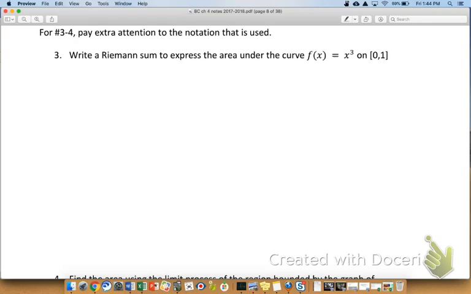So I am going to just do a rough graph here. I think we all know what a cubic looks like. I'm just going to draw myself a little graph here so that I can kind of illustrate with it. So here goes, y-axis and x-axis. And I'm only concerned about the interval from 0 to 1.